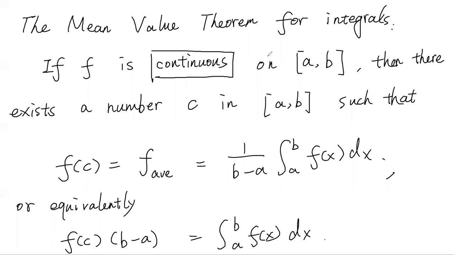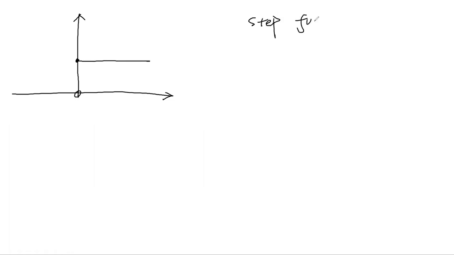So let's see what this theorem actually tells you. Let's first look at this prerequisite here. The f is continuous. For a discontinuous function, the easy one is the step function, which you would call the Heaviside function in some cases.